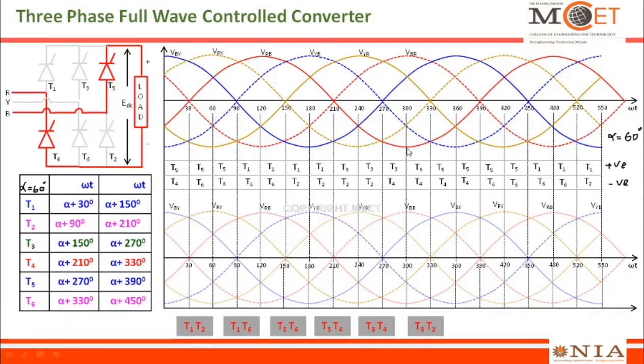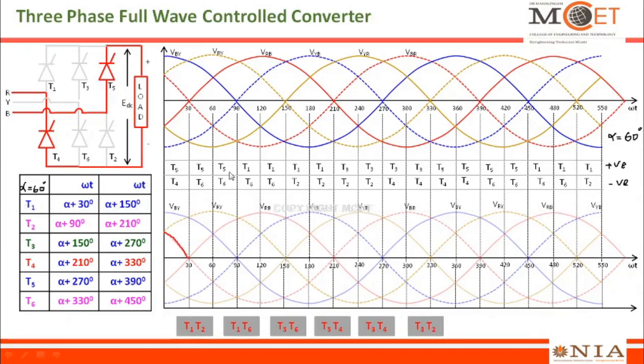You can see that this dotted red line is VBR. So this VBR voltage will be appearing across the load during the time of 0 to 30 degrees.